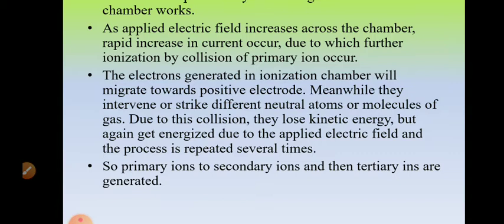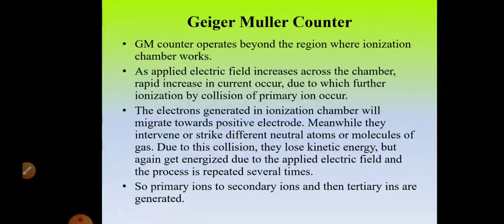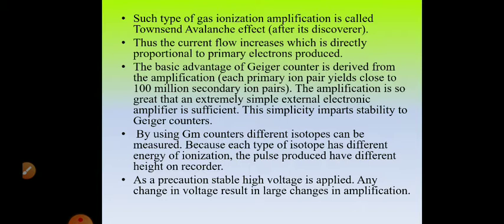Meanwhile, they strike different neutral atoms or molecules, and due to this collision they lose their kinetic energy, but they again get energized due to the applied electric field, and the process is repeated several times. So primary ions give rise to secondary, and secondary ions give rise to tertiary ions, and so on. This process is repeated many times in a Geiger-Müller counter. This type of gas ionization amplification is called the Townsend avalanche effect, after the name of its discoverer.